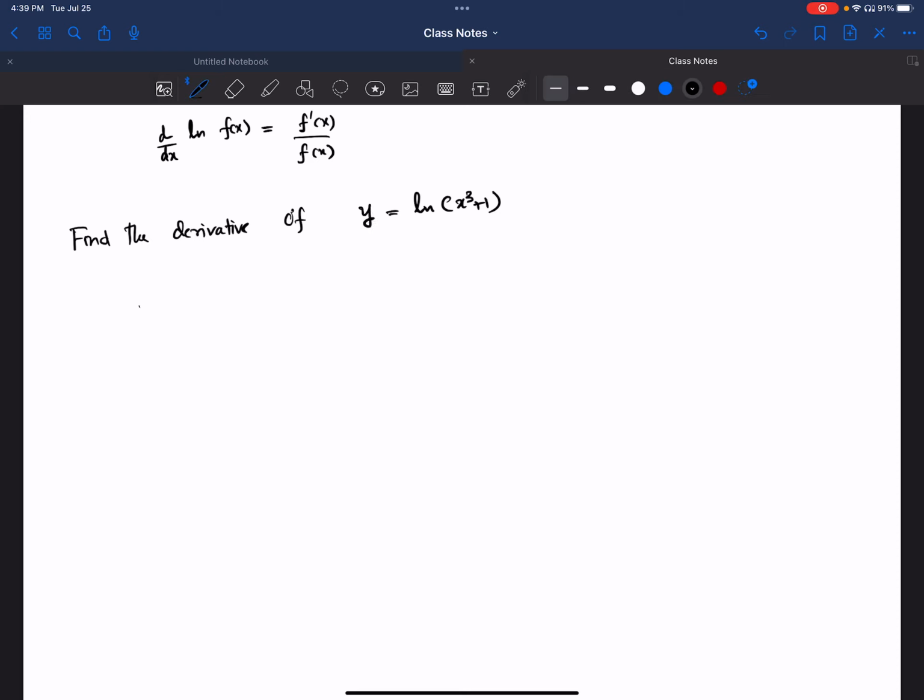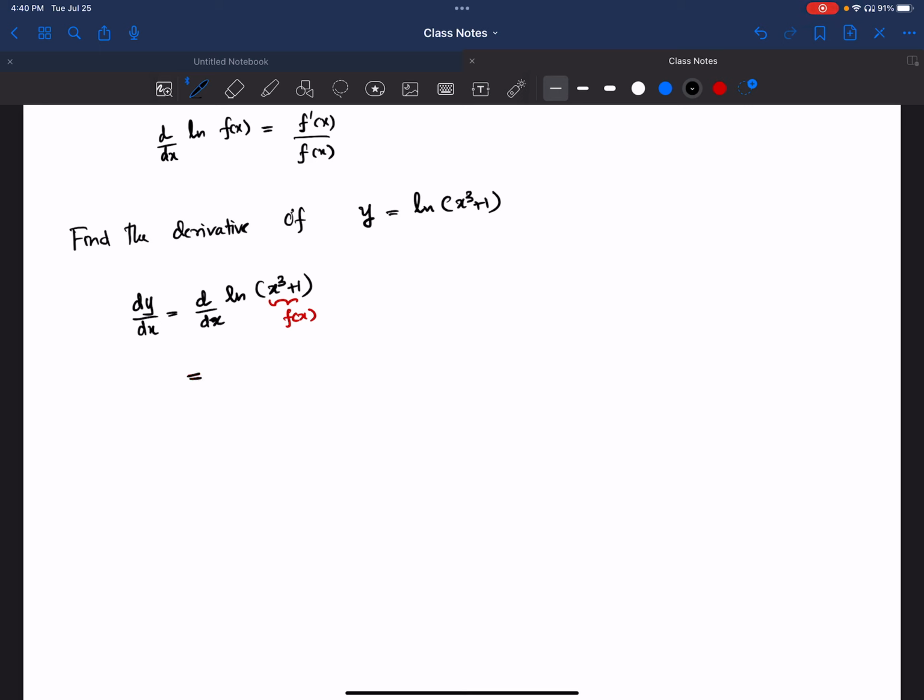If you want to find dy over dx, you can write d over dx natural log of x cubed plus 1. Now, according to what we see in here, this part is our f of x. So the solution would be according to this equation.